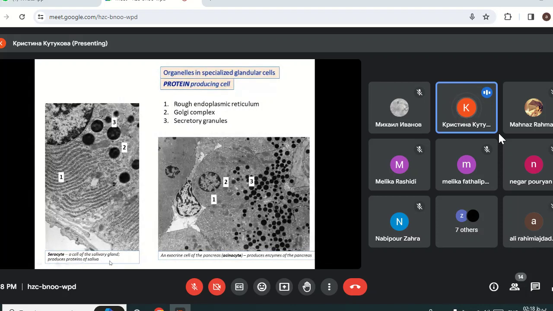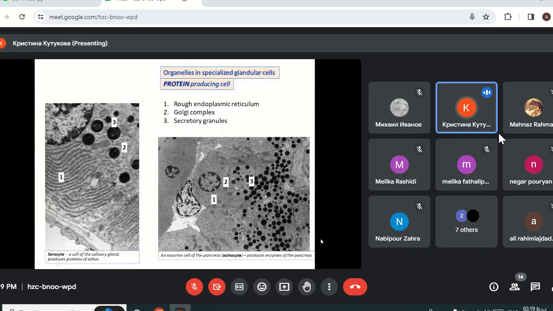A serocyte is a cell of the salivary gland. Salivary glands produce saliva, the fluid which fills our mouth. And saliva contains also some proteins, for example antibacterial proteins, and these proteins are produced by serocytes.